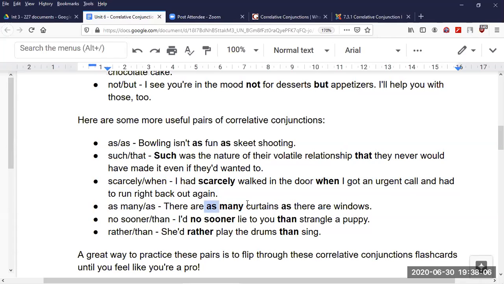In this case, as many curtains as there are windows means there are the same number. So there are the same number of curtains as there are windows. We can use this negatively as well. We would say there aren't as many curtains as there are windows, which means there are more windows. Now, there aren't as many people in Quito as there are in Brazil.